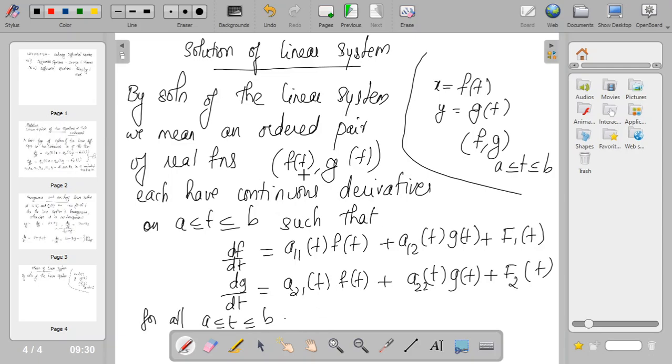We call the pair f and g a solution if it satisfies both the equations simultaneously.